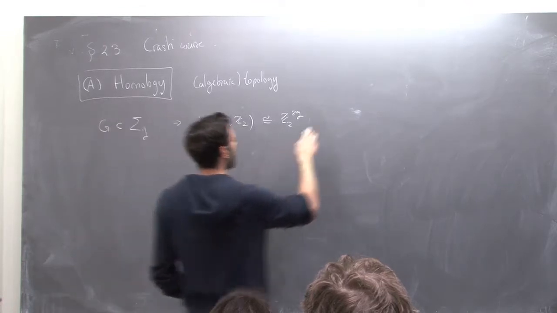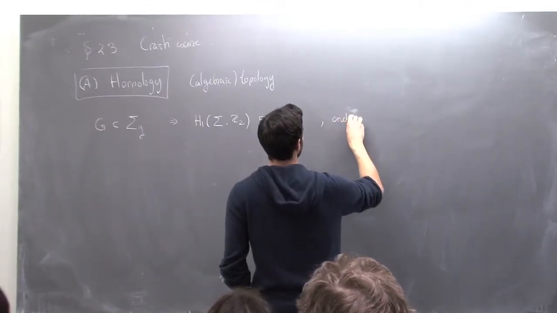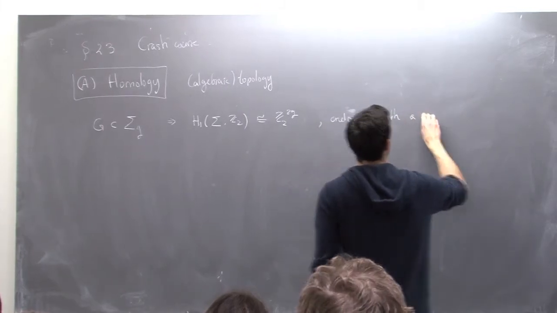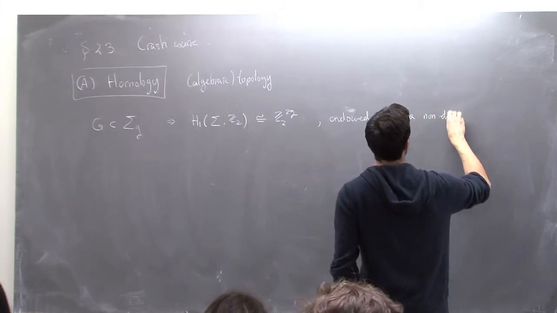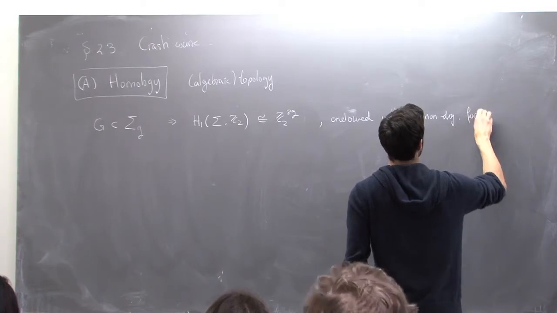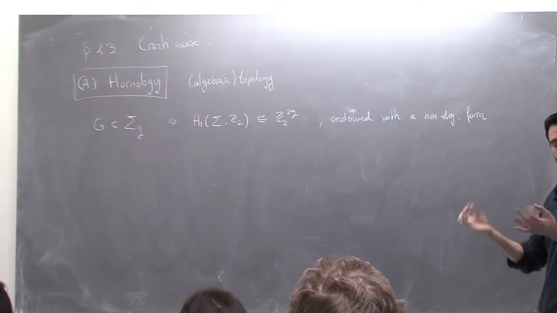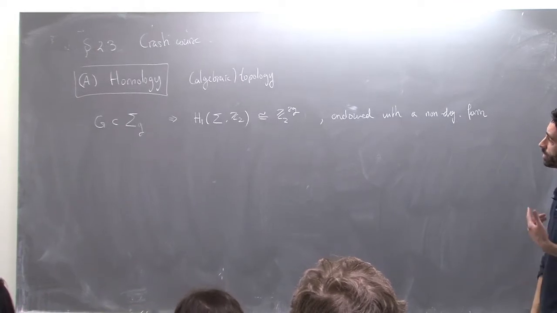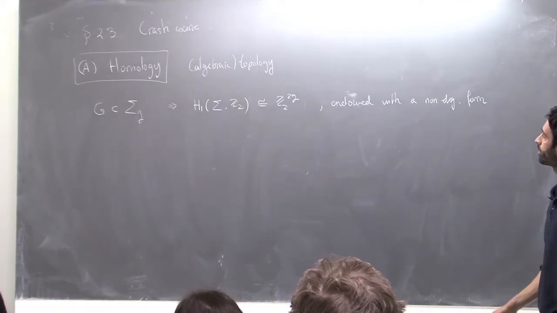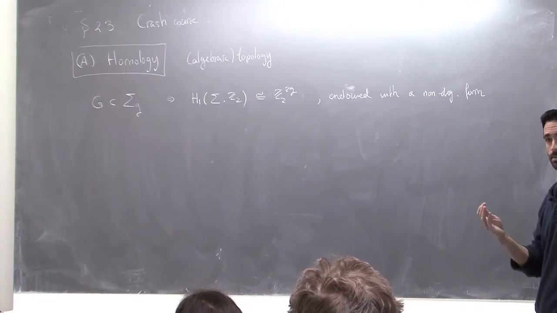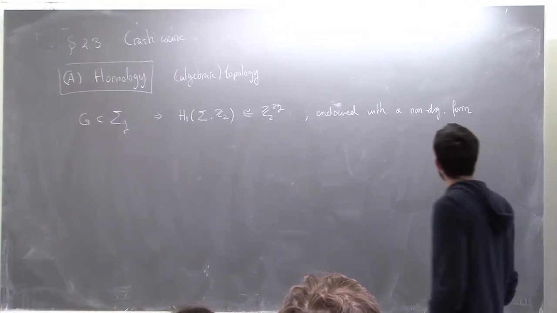Moreover, this is endowed with a non-degenerate form given by the intersection. So if you take two cycles and you look at their intersection, this is something that is modulo 2. This is something that is really defined in homology. It only depends on the homology class of these cycles.